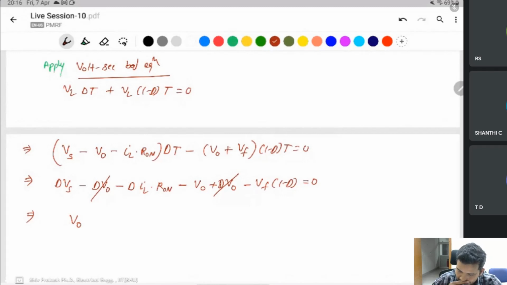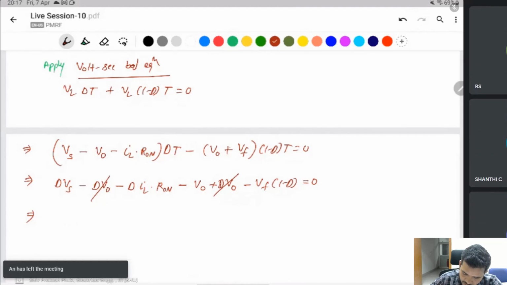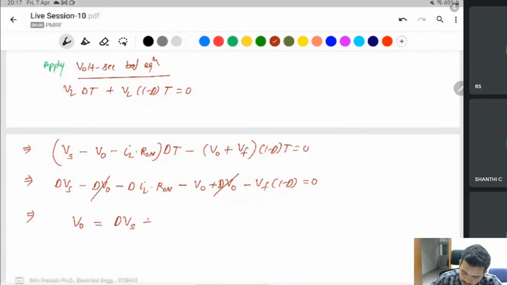This is the average of the average voltages. Then you can say V output is equal to dVs minus IL into d R on, minus Vf into 1 minus D.